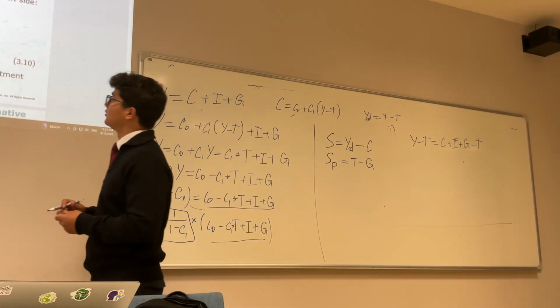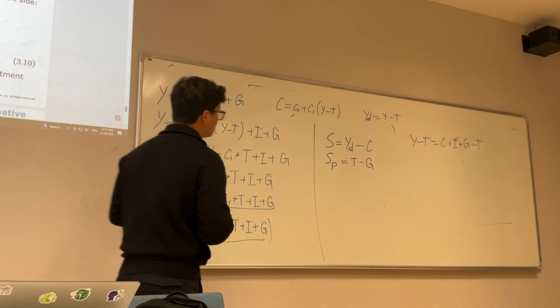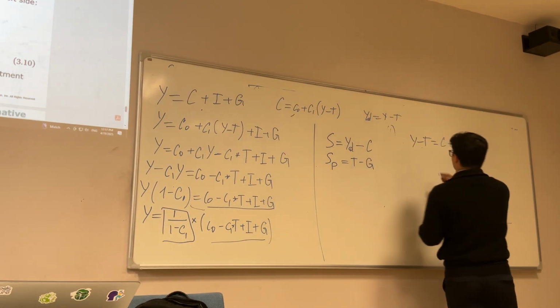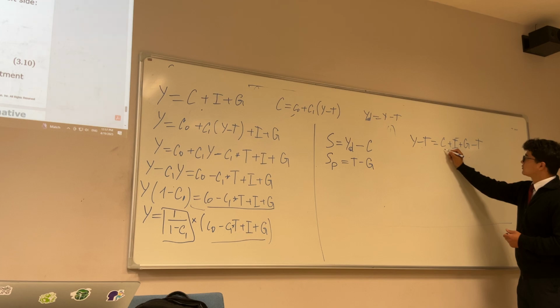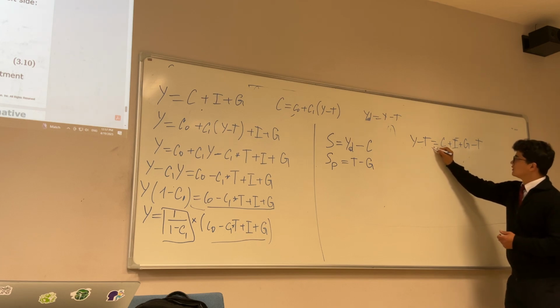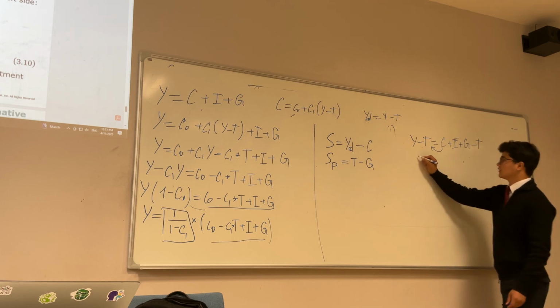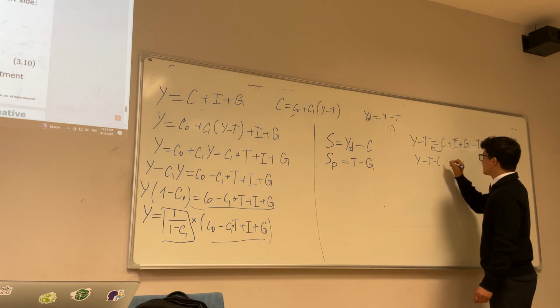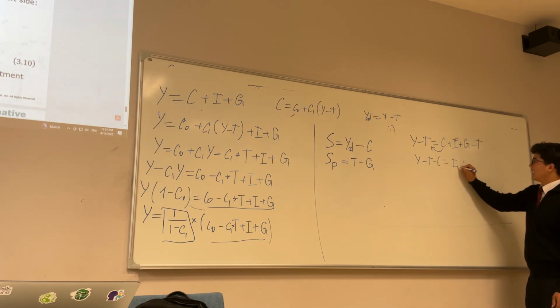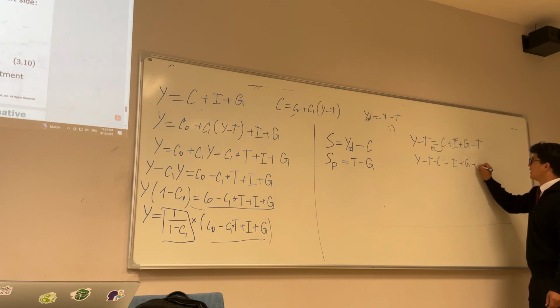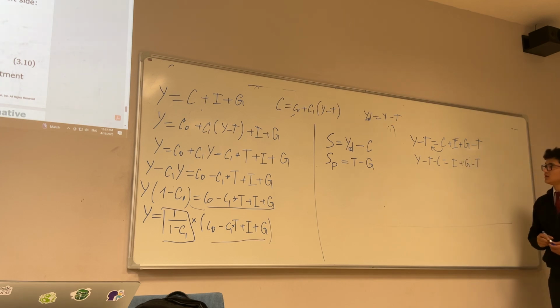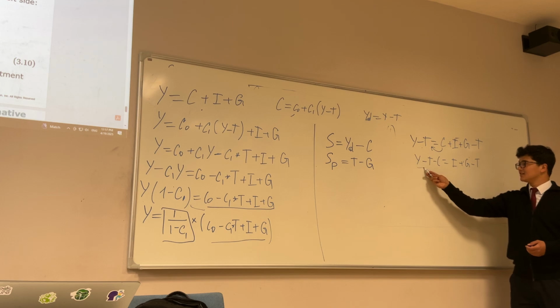Now, guys, to derive something, consumption will be moved to the left side: Y minus T minus C equals I, investment plus government spending minus taxes. So guys, what is this?